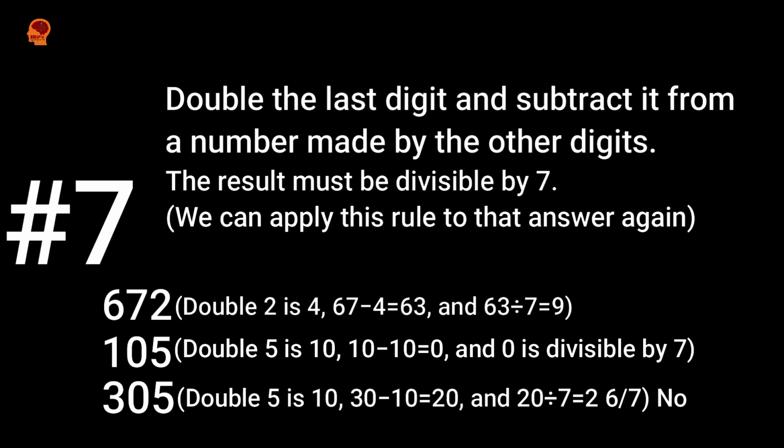So it's very simple. You can try out numbers, double the last digit and take it away from the rest, and then test if the result is divisible by what? 7.